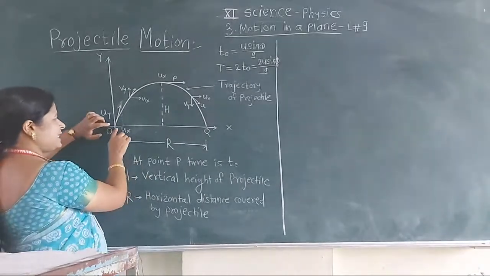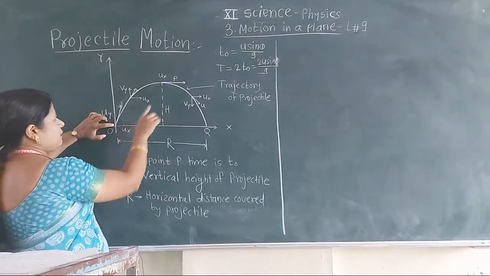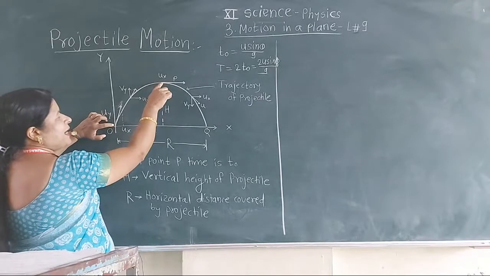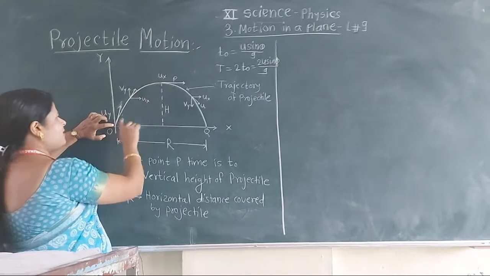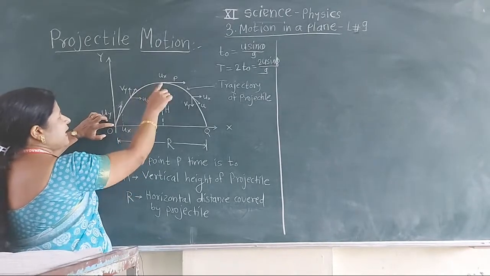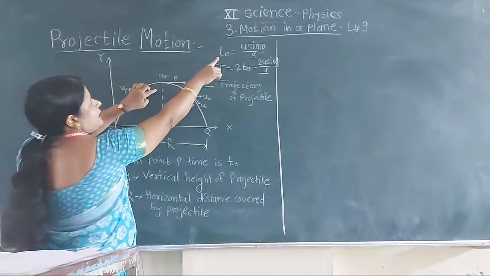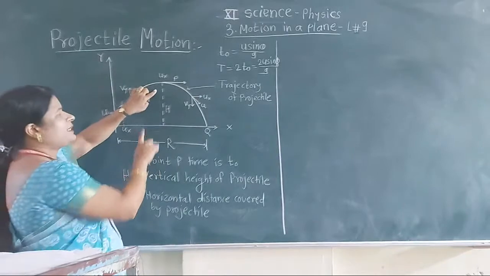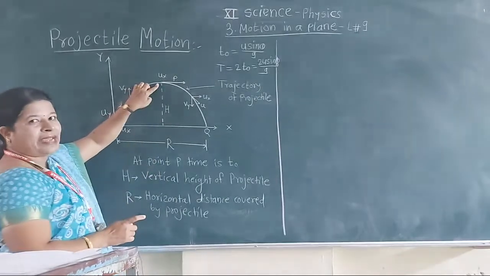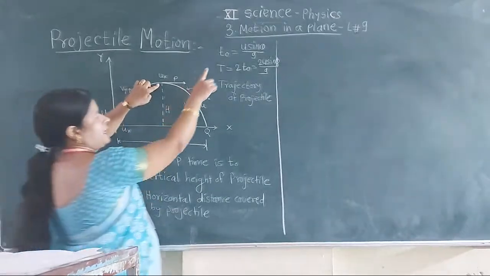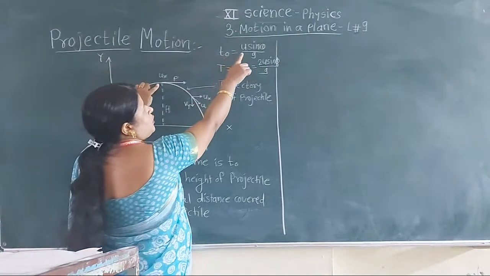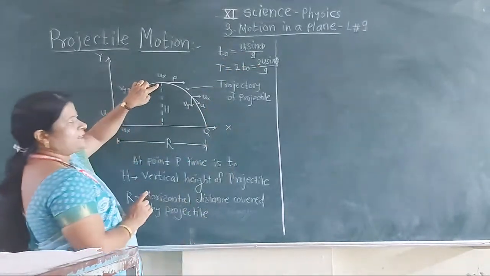Now see in this diagram, this is the maximum height of the projectile. When the projectile reaches the maximum height, it has taken time t0, which is u sin theta divided by g.